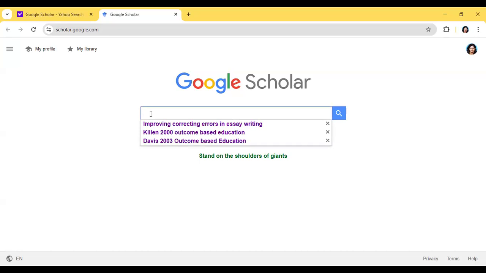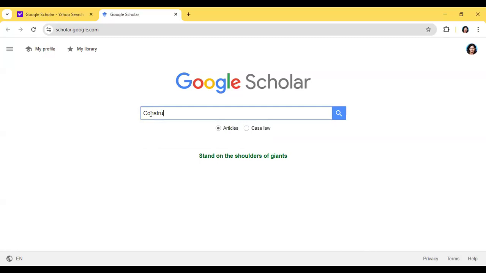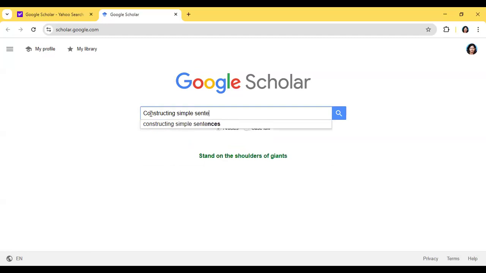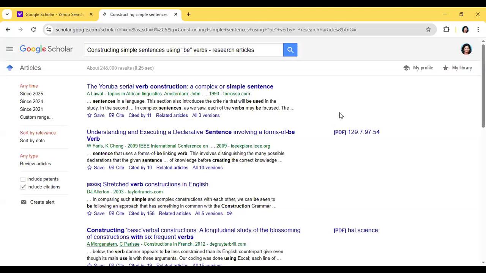Ma'am, constructing simple sentences using be verbs. Okay, right. Wait, I'll show you.